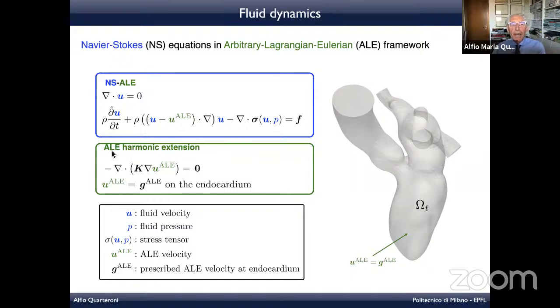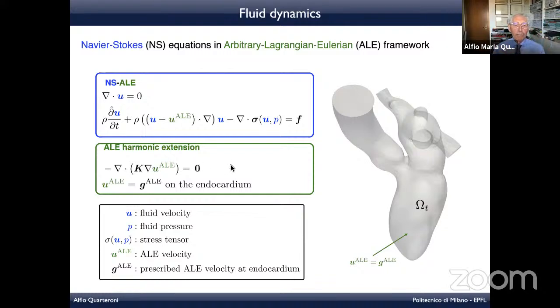This approach is called the ALE, arbitrary Lagrangian Eulerian. Lagrangian Eulerian because it mixes up the Lagrangian framework of the elasticity for the mechanical deformation and the Eulerian framework of the fluid dynamics for blood dynamics inside the chambers. And it's called arbitrary because you have many different ways to recover this velocity, because you have many different ways to go from the Dirichlet data, the boundary of the ventricle, through the lumen, the variable that describes the position of every single point at the interior of the lumen.